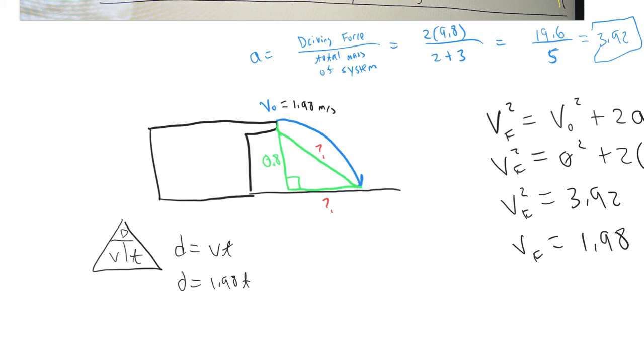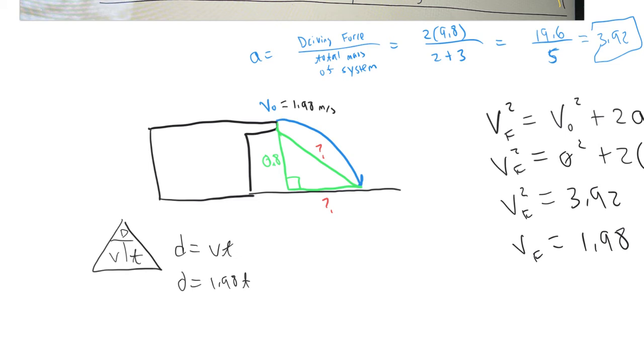Okay. Now, because remember, even though it's going down, we're ignoring that vertical component. We're only focusing on this horizontal component. And that horizontal component, like this velocity, remains constant all the way, okay? The only reason it stops is because it hits the ground, right? But that horizontal component remains at a velocity of 1.98. So the question is, how long does it take to hit the ground now?